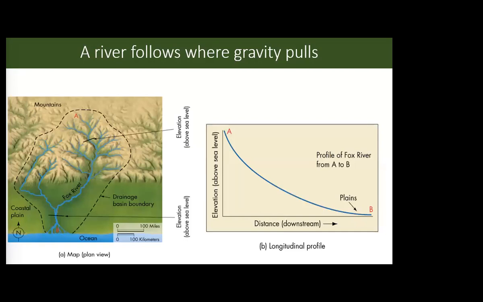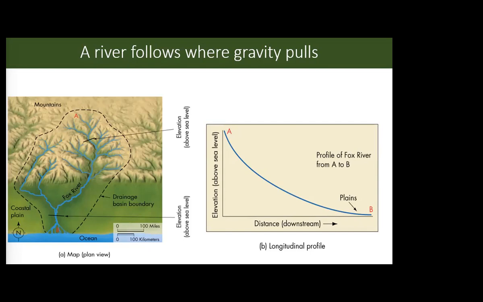Okay, so this is a stream profile, and we make these frequently because this helps us figure out points of erosion, points of transport, points of deposition. So if we were to stand in the stream channel and we were to walk along the entire stream channel, this is the shape that we would get when it comes to our elevation.